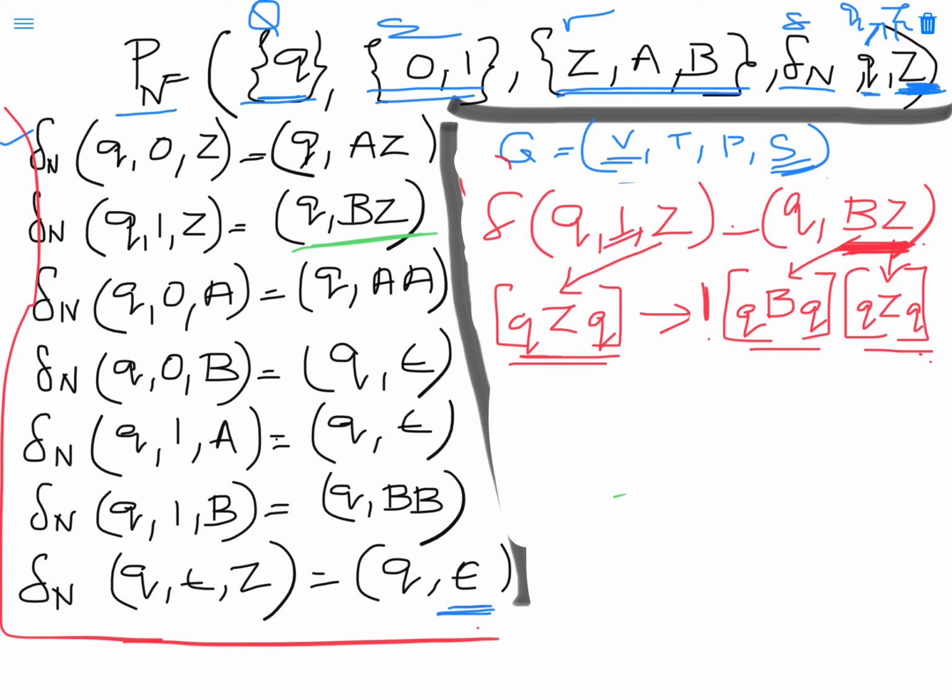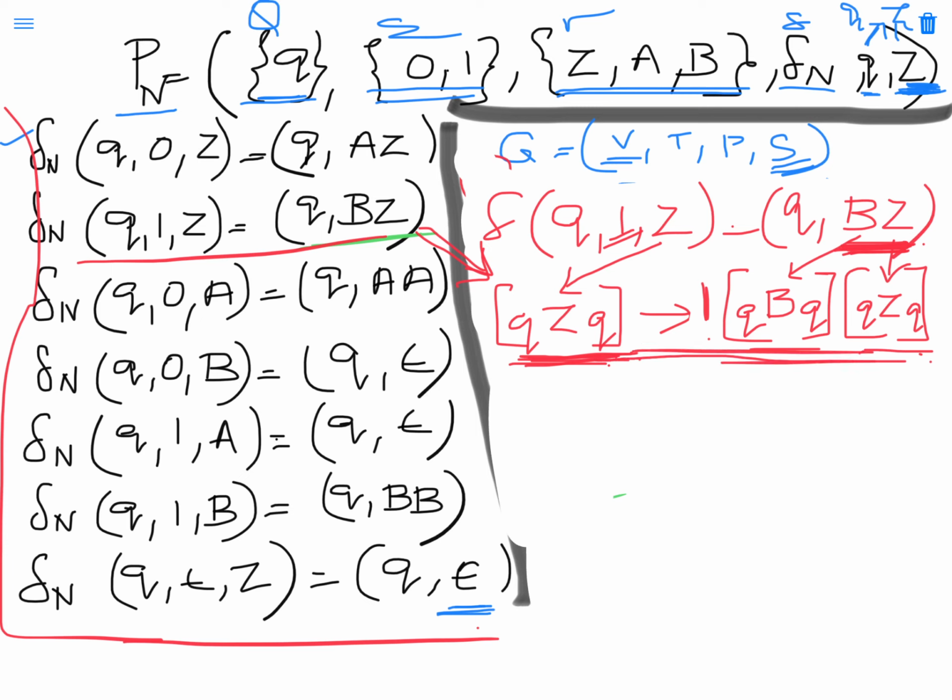So for the time being, learn how to formulate these variable names and how a production can be written from this transition function. So for this function, the production in the grammar can be written like this.